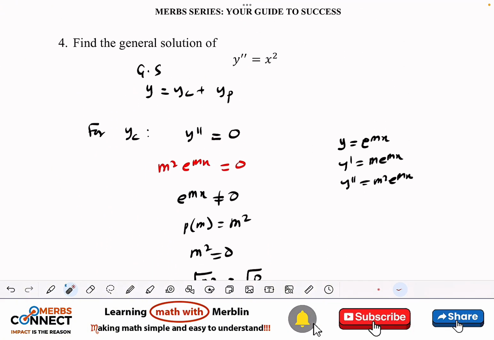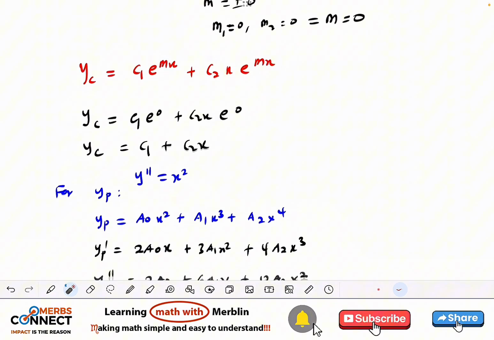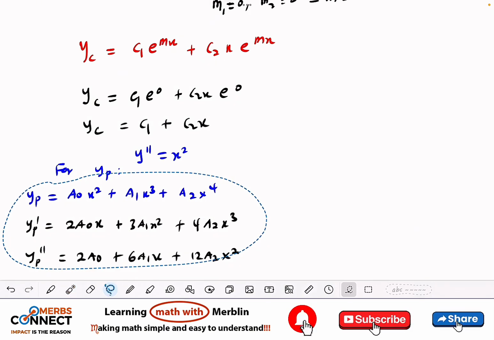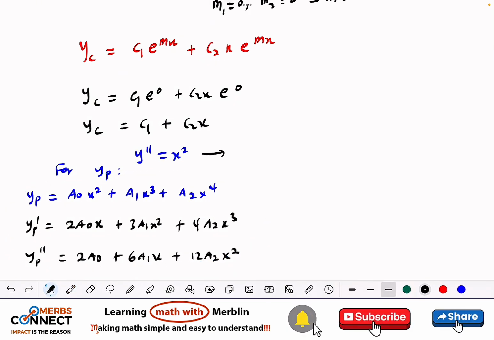The original function is just y prime prime is equal to x squared. So since it's just y prime prime is equal to x squared, it's very simple. So from here, we are going to have 2a naught plus 6a1 x plus 12a2 x squared is equal to x squared, because that is all.